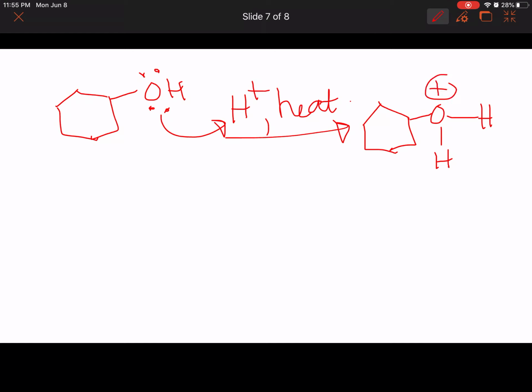Since hydroxide is a terrible leaving group, it's going to form a protonated alcohol, a protonated water molecule, and then this can leave, generating a carbocation plus water.